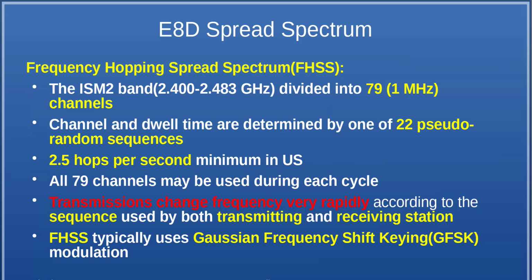Nobody is primary. So they divide that up into 79 1 megahertz channels, and then they use a pseudo-random sequence of 22 different channels and go through that sequence at around 2.5 hops per second.